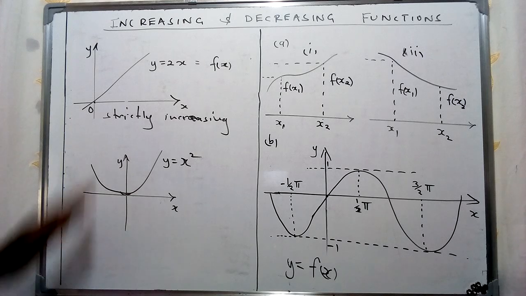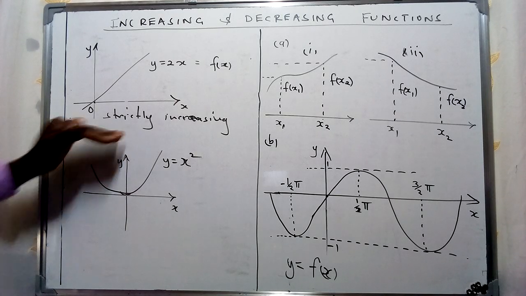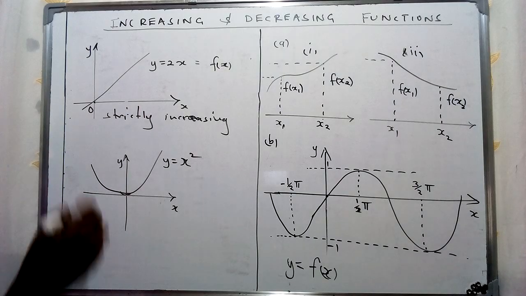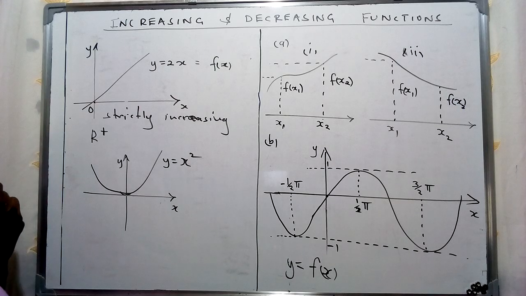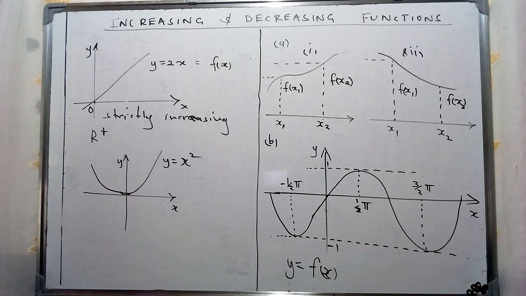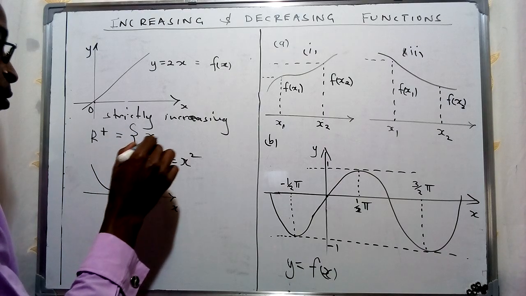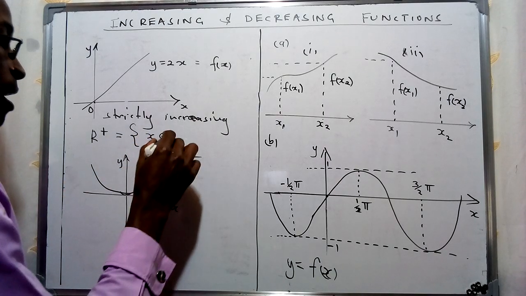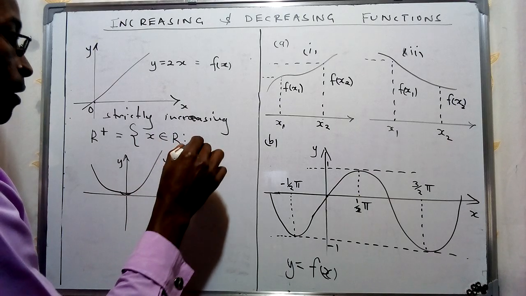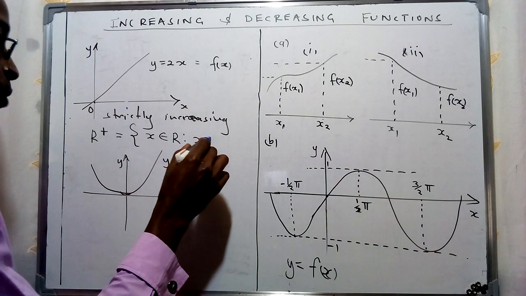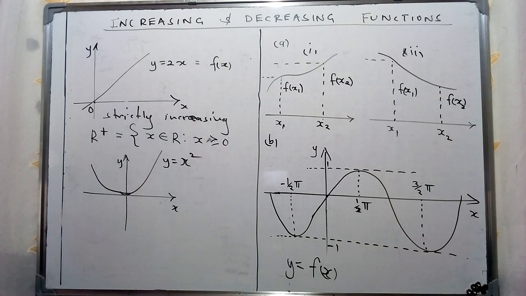So we can give this one as a strictly increasing function, and in terms of its intervals, we can define the intervals as the range for the positive R, where R is, of course, a set of real numbers. Therefore, this specific interval is defined for a set of values of x, where x is a set of real numbers, defined between the range of x equivalent to, or greater than, 0, which we can give in this specific form.